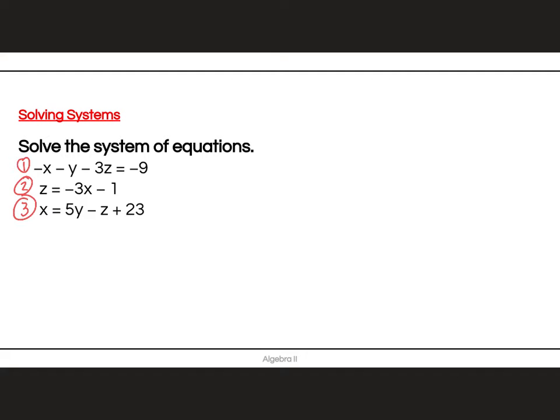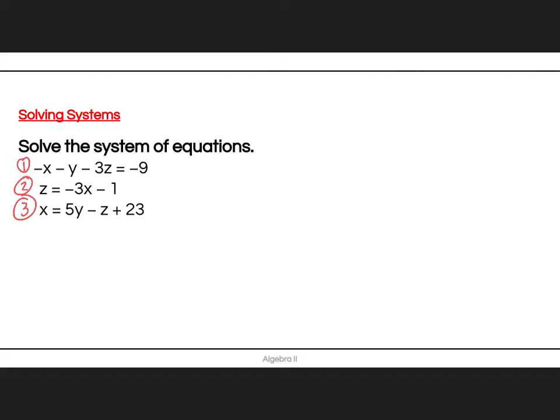So I'm substituting in place of x. So I'm going to take equation number 3 and substitute it into number 1, and then I'm going to substitute it into number 2.